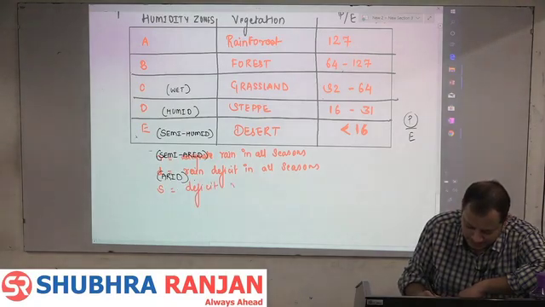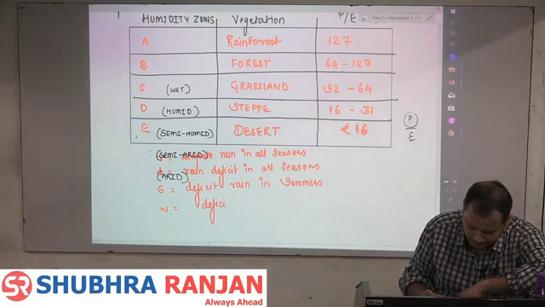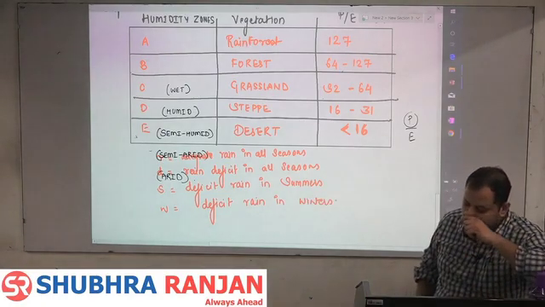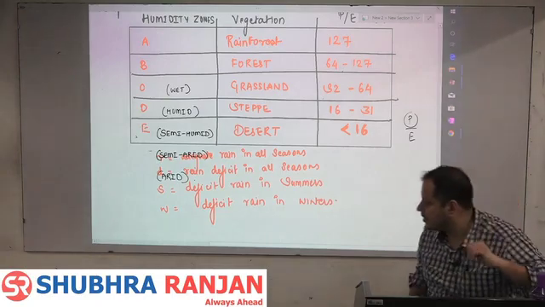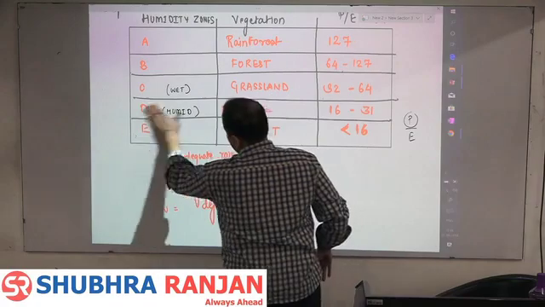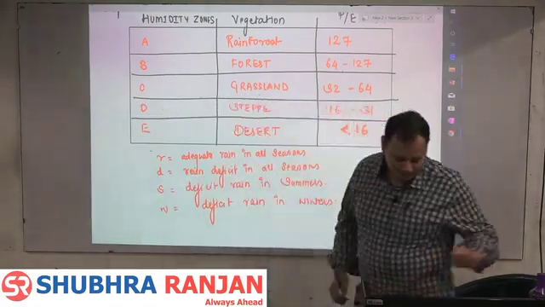Deficit rain in summers; small w, deficit rain in winters.